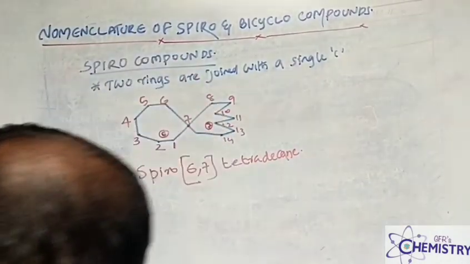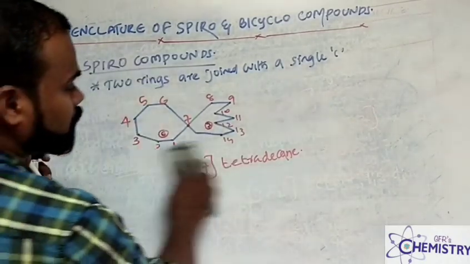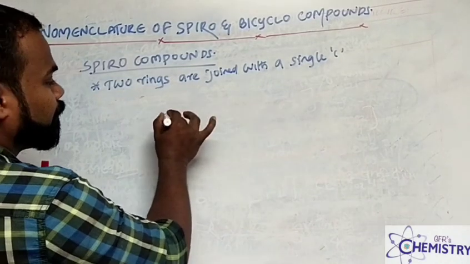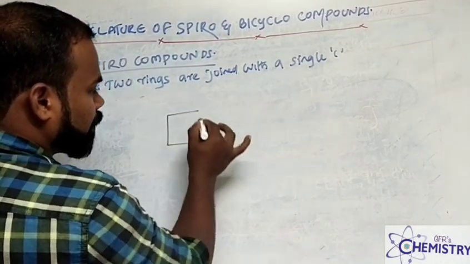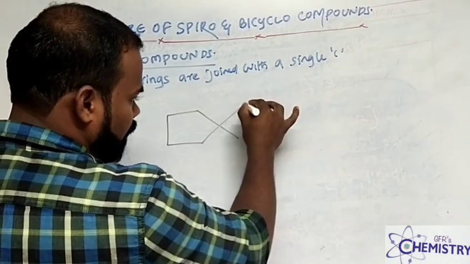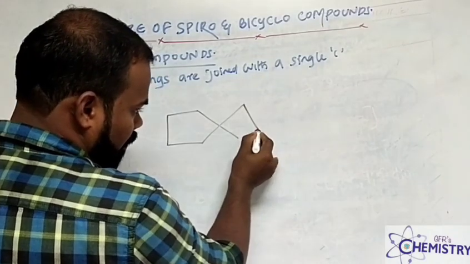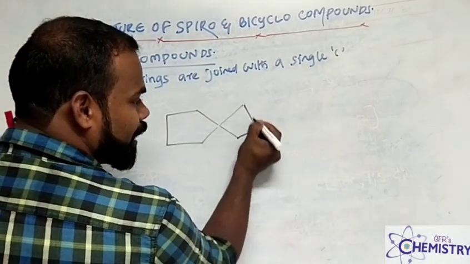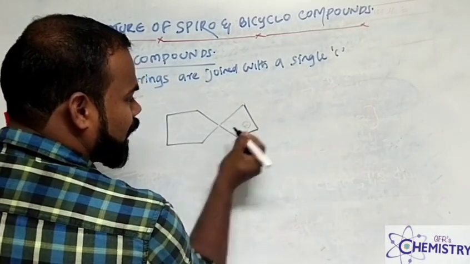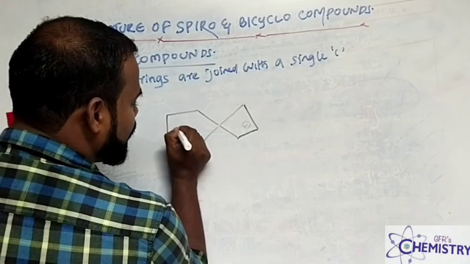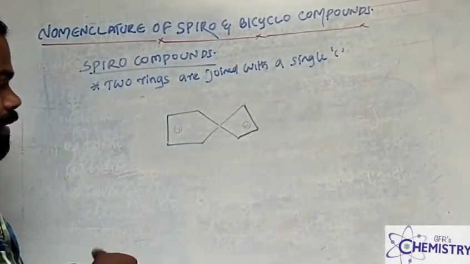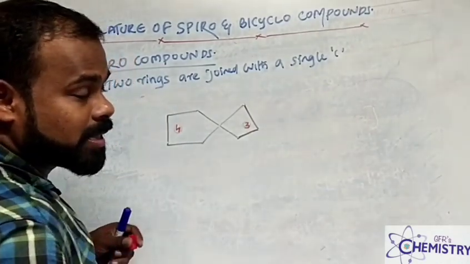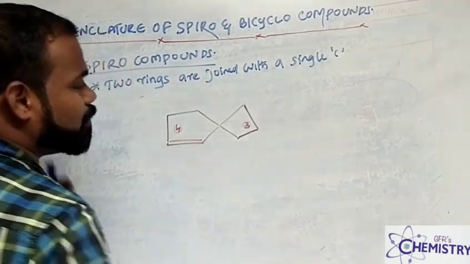The next. Okay, listen here, the bridge. Here 3 carbons. Here 1, 2, 3, 4, here 4 carbons. This side 3 carbons, here 4 carbons. Then here there may be a double bond also.